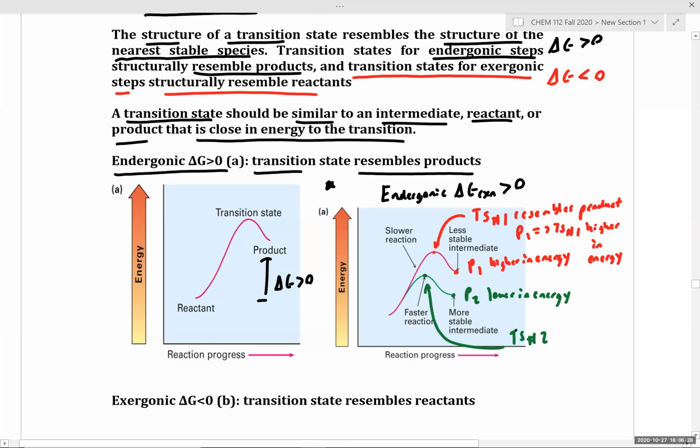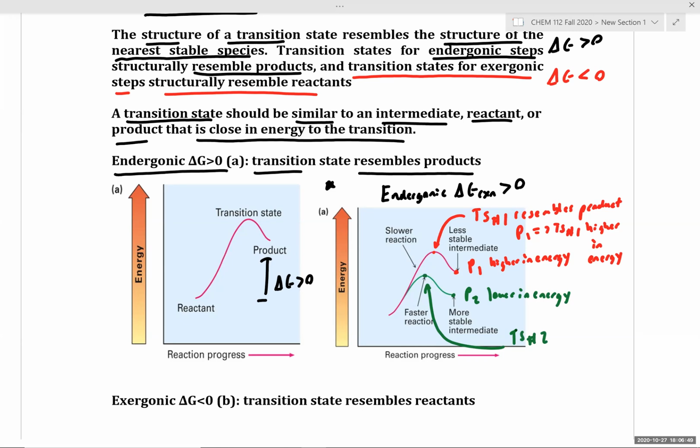Okay, so let's unpack this one more time. The Hammond postulate states that the transition state resembles the species closest in energy, right? So for an endergonic reaction where our Gibbs energy is greater than 0, our transition state will resemble our products, okay?